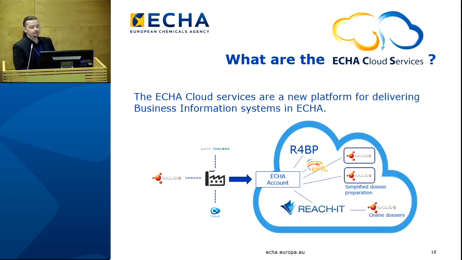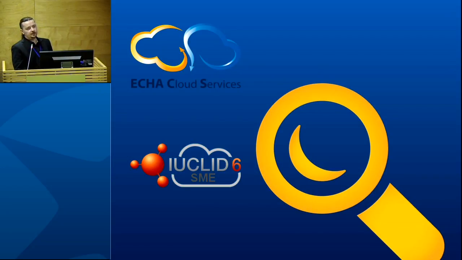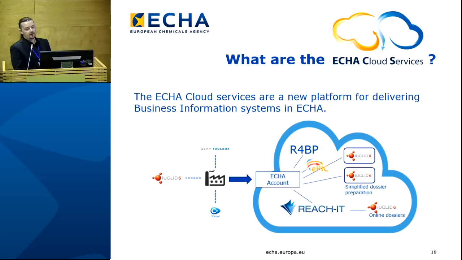Let's continue. So we talk about ECHA Cloud Services, and we talk about Euclid Cloud for SMEs. Just to clarify the difference, the cloud service is a platform for delivering IT tools, and the Euclid Cloud for SME is a service which is provided inside the ECHA Cloud Services.